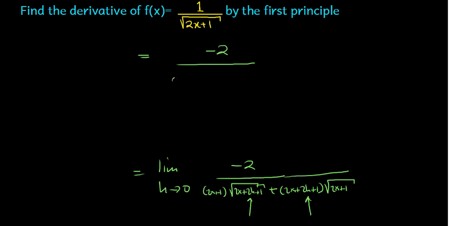We just have 2x plus 1, and then the square root of what? 2x plus 1, because this is going to become a 0. And then this also becomes a 0. So what will just remain there is 2x plus 1, and then the square root of 2x plus 1, like that.